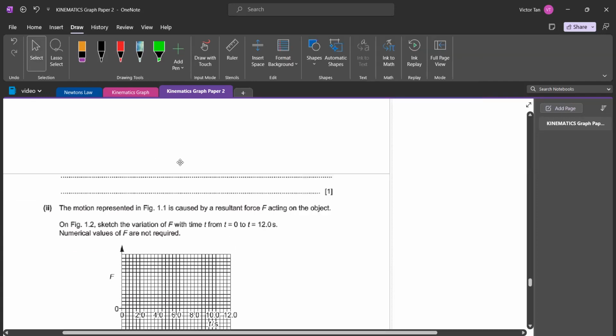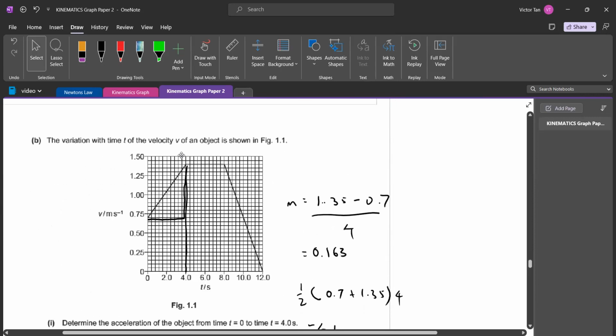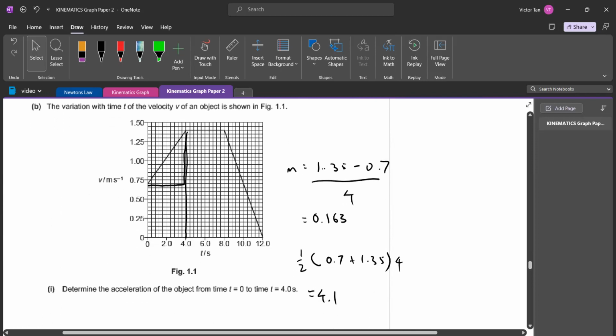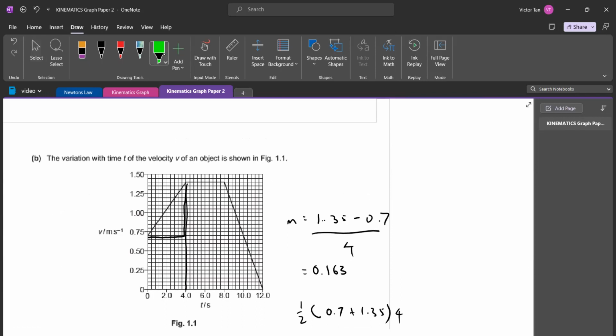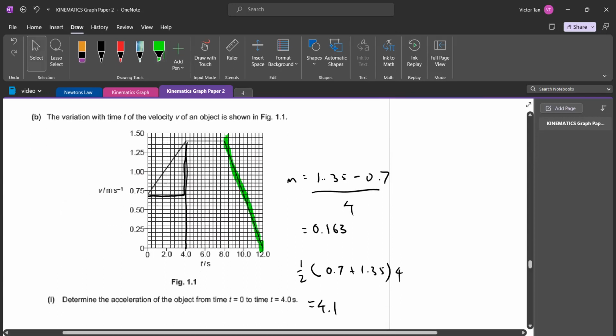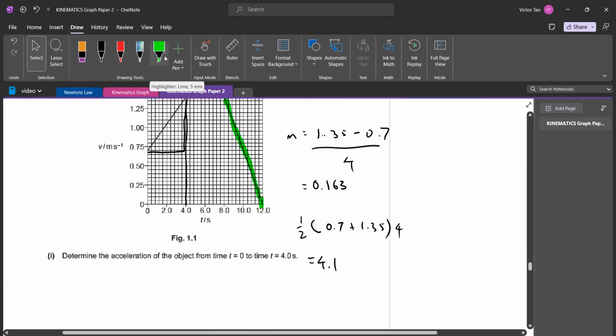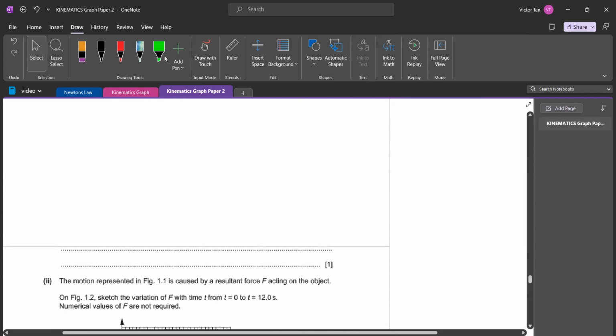So a positive acceleration will give you a positive force, and a negative acceleration here will give you a force of negative value, but the gradient is larger, which will give you a magnitude of a larger force.